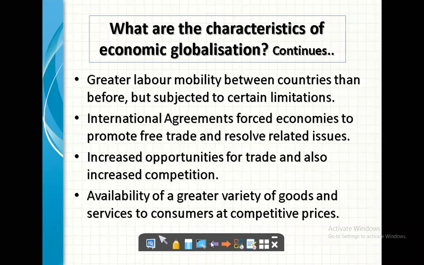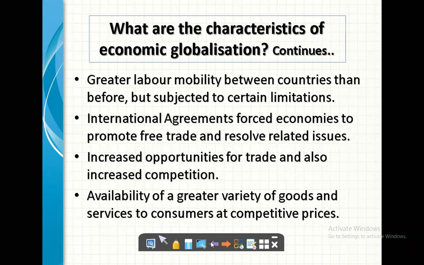International agreements forced economies to promote free trade and resolve related issues, and increased opportunities for trade and also increased competition that we have discussed in the general globalization. And availability of a greater variety of goods and services to consumers at competitive prices.